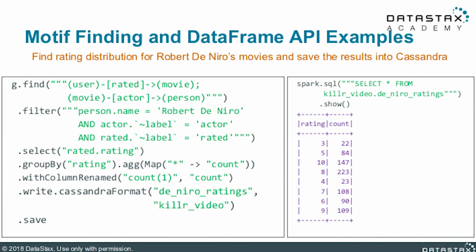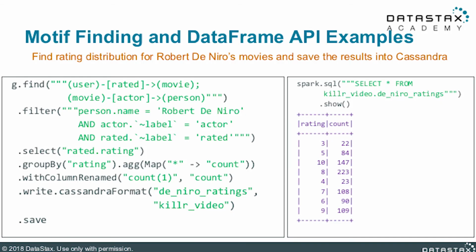Now we can go a bit further. Let's save the result of our analysis of Robert De Niro's movie ratings into a Cassandra table. We should assume that we already have Cassandra keyspace killer_video and empty table de_niro_ratings with columns rating and count.